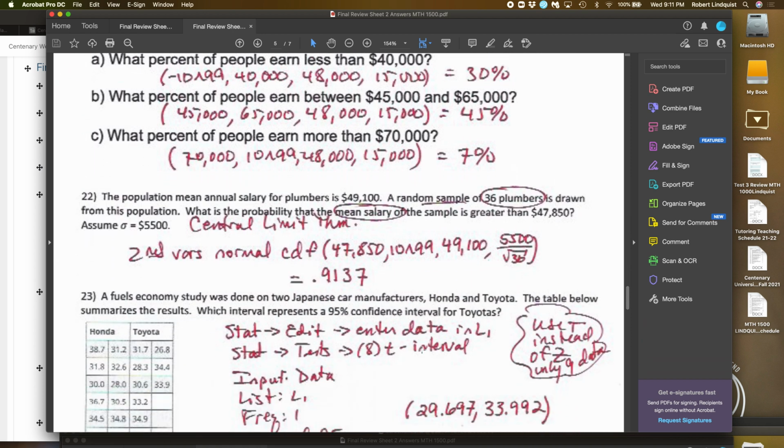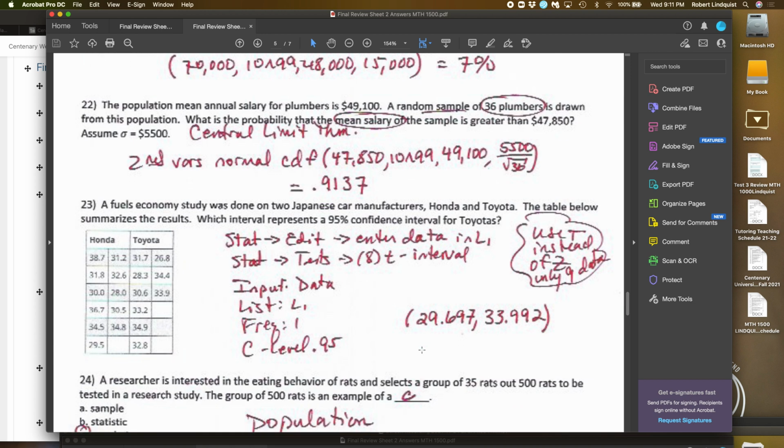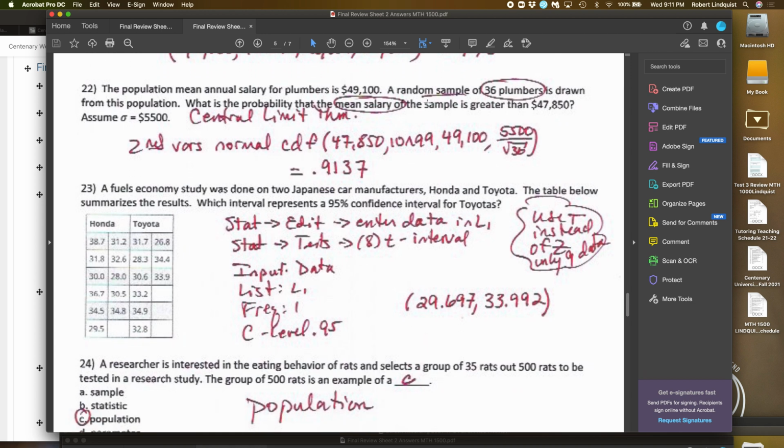The population mean average annual salary for plumbers is $49.10, random sample of 36 plumbers. Mean salary, so you're looking here at central limit theorem. So it is, again, second VARS normal CDF, and you do everything you just did. You want to see greater than 47,850, so 47,850 is the low end to the maximum of 10 to the 99th.